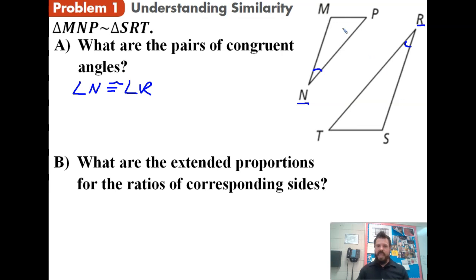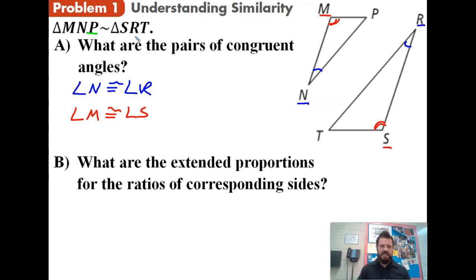Same thing with angles M and S. It looks like they're both the larger of the three angles on these triangles, so I know they'll be congruent. By this similarity statement, we're given that angle M is congruent to angle S. And a trick we can do, just like we did with congruent statements, is I don't even need to use the picture to match things up.